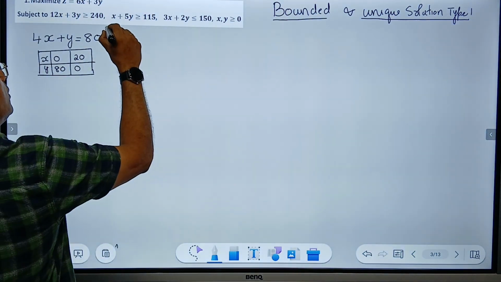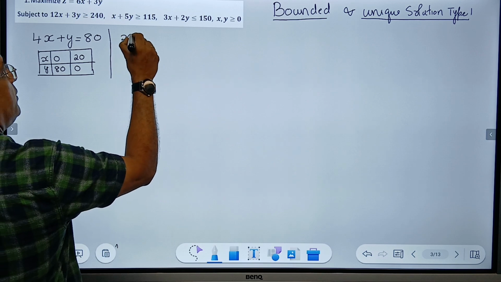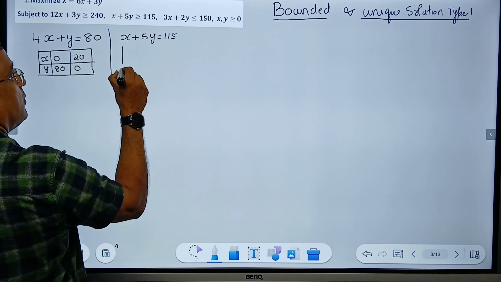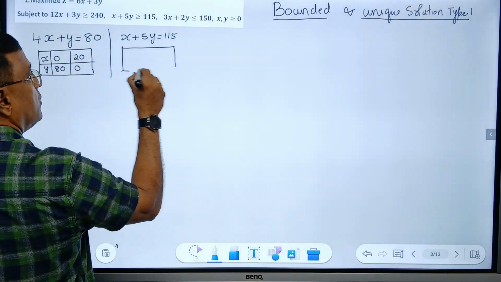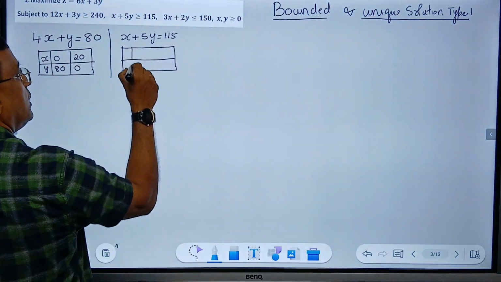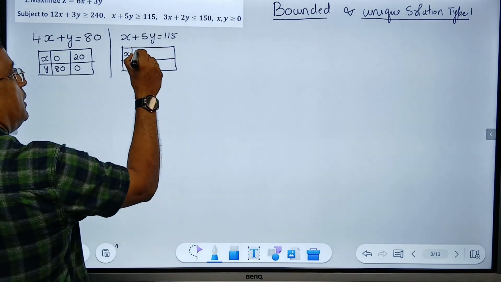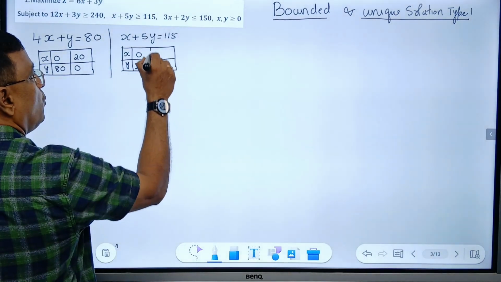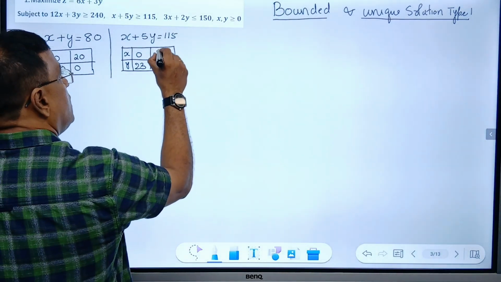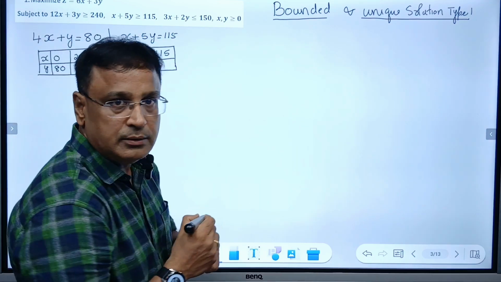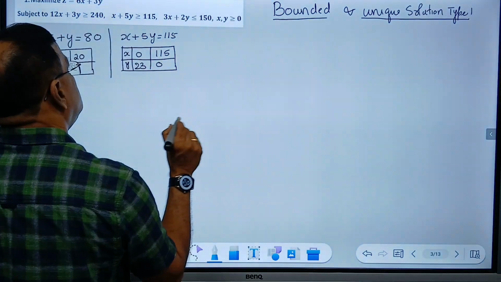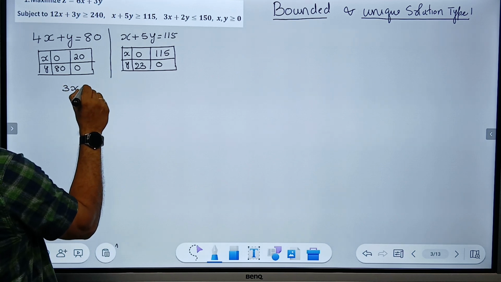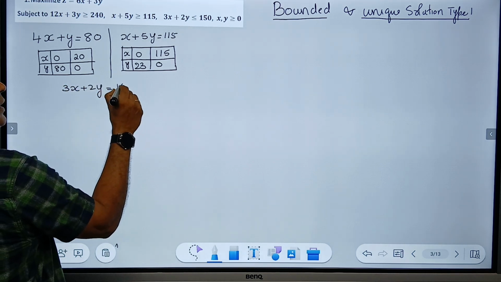Then the next step is x plus 5y equal to 115. Now draw the table. X is 0, y is 23; y is 0, x is 115. Done. Correct?